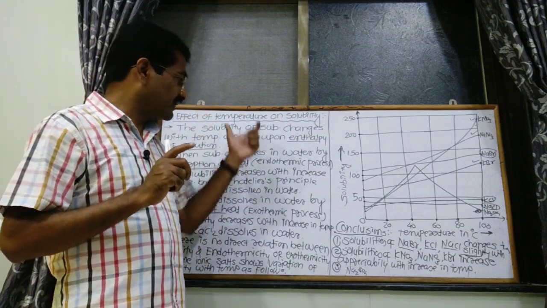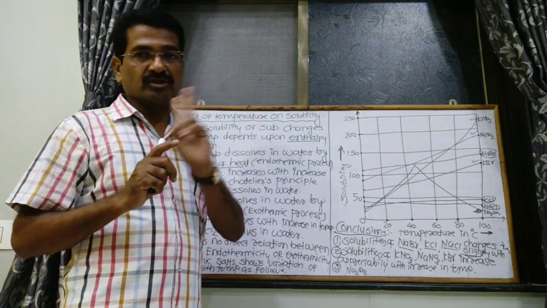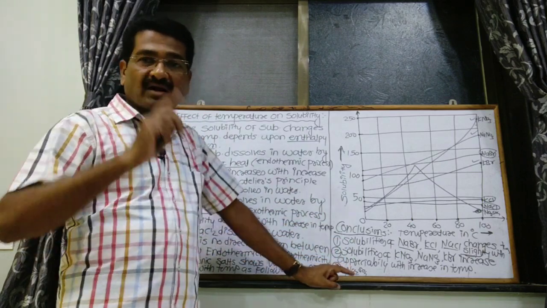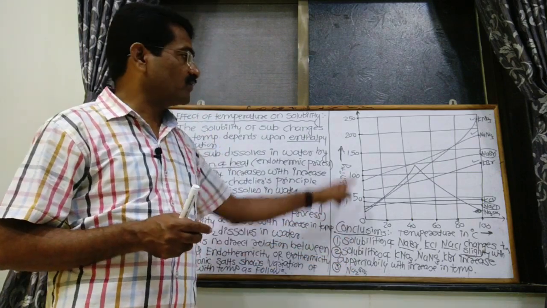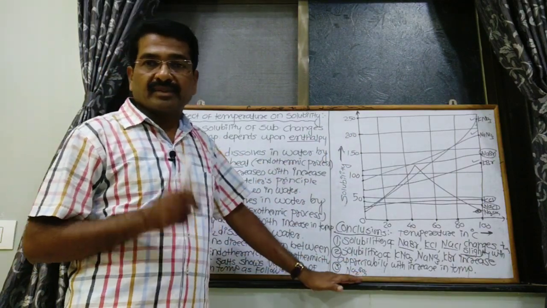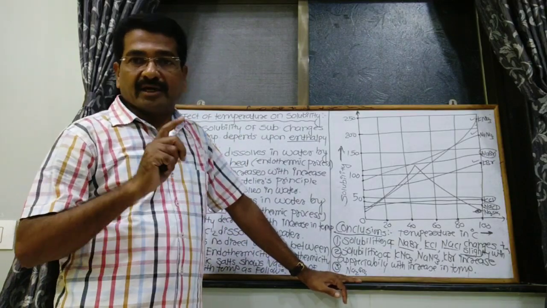At that time you will require all these points with a graph. Then you will get the 2 marks, otherwise not. These 3 conclusions carry half mark each and half mark for the graph.